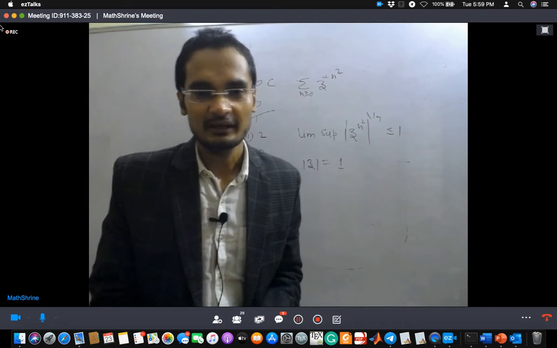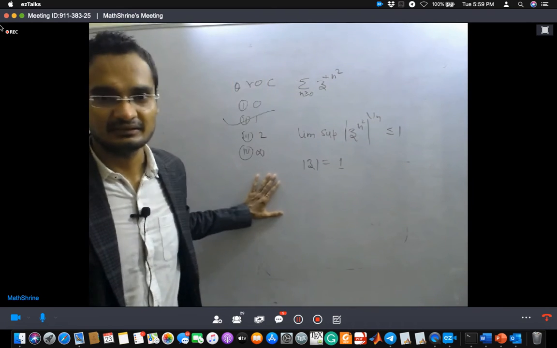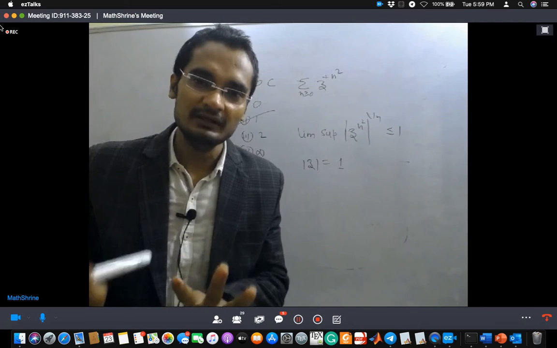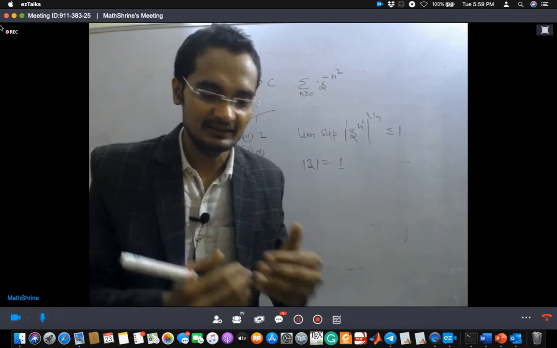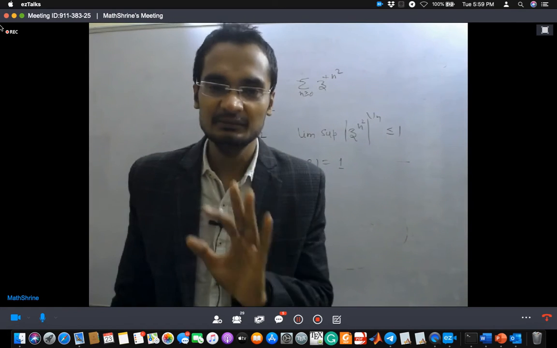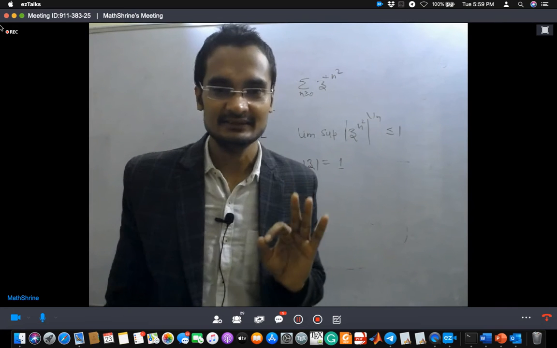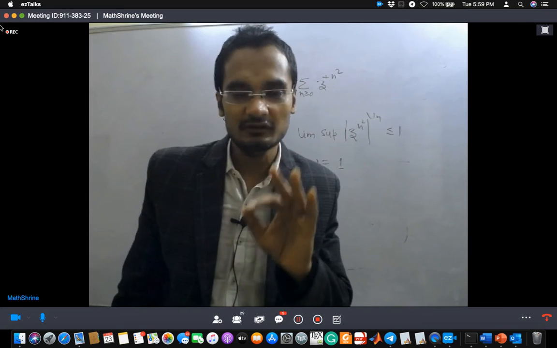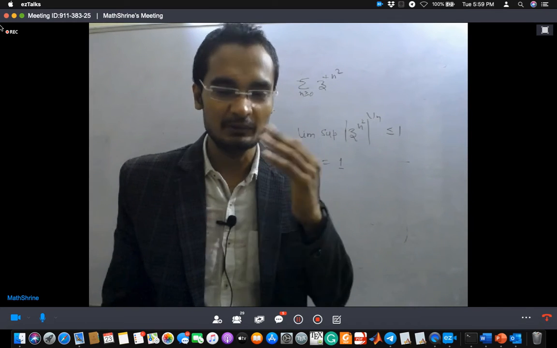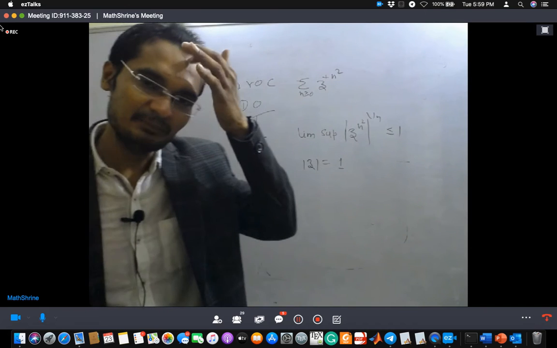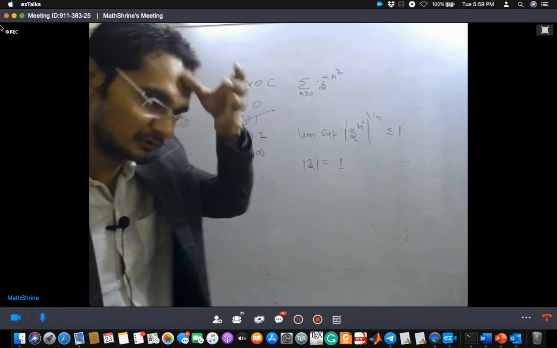But every time you have to take 1 over 1 by n and take the limit supremum less than or equal to 1. This will give you the radius of convergence. I believe that it is very simple, so we should not waste our time calculating this again and again, right? If it is time pass, then it is a good platform to keep on calculating. But believe me, it is very easy.